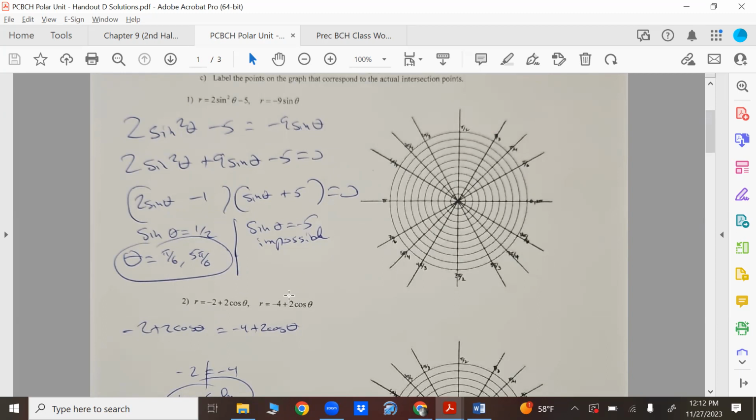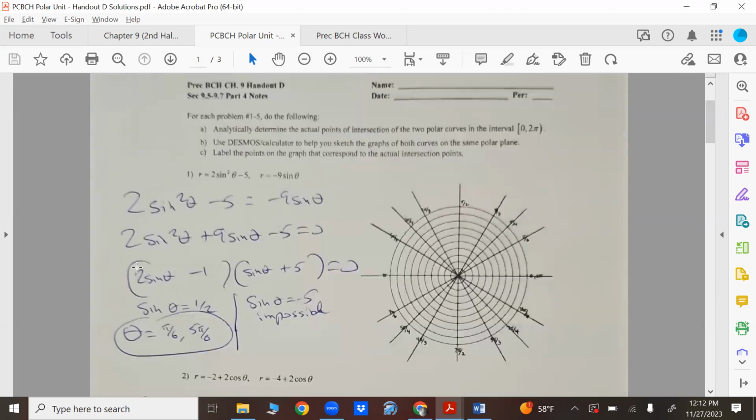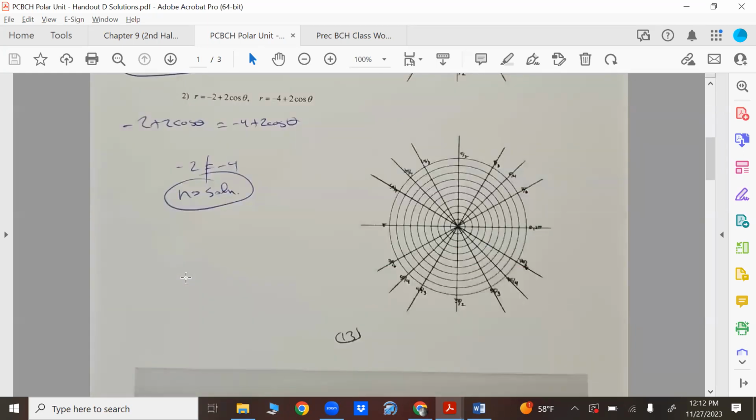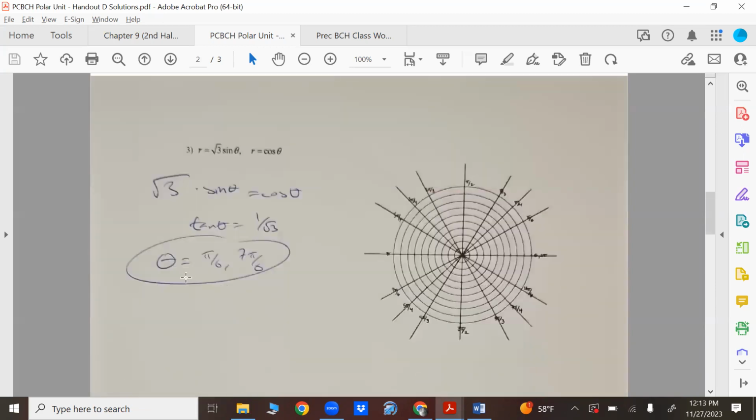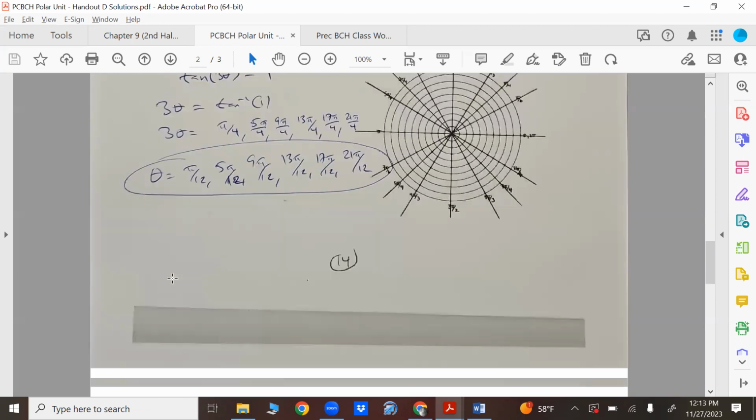And the buck stops with the graphical solution, just so you know. So if the analytical solution doesn't show the pole intersecting, but you do see it graphically, I do want you reporting the pole as an actual point. So actual, let's just say, is the graphical solution, because that's actually what's happening, right? They're actually touching. Even though the analytical may not support it necessarily.